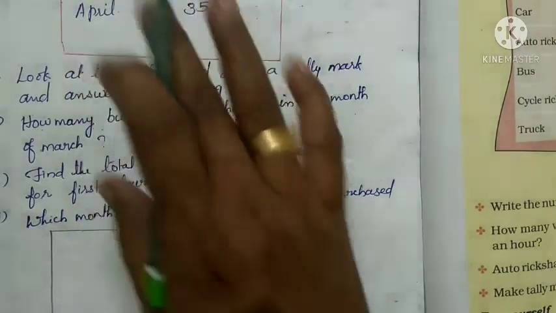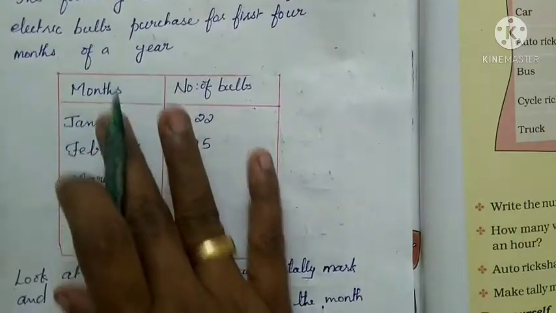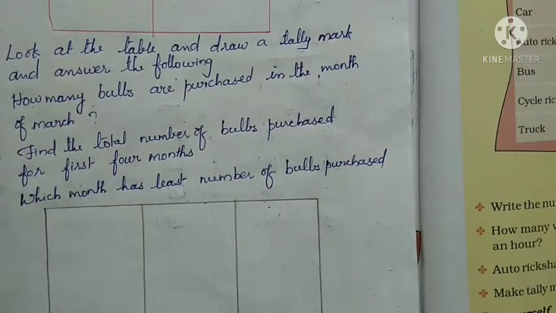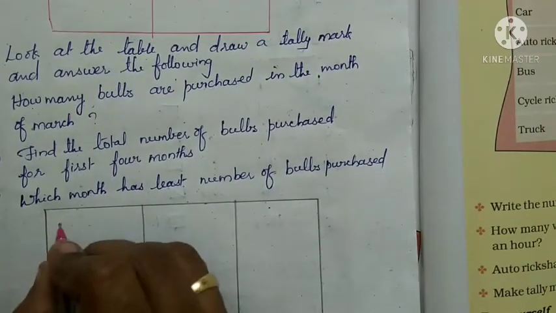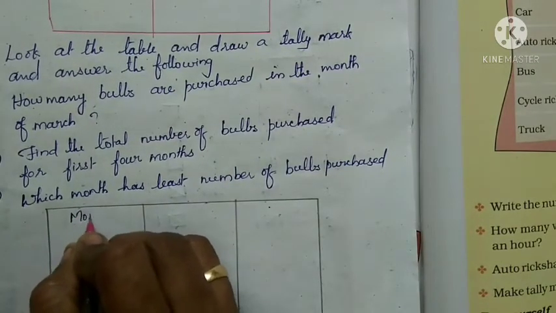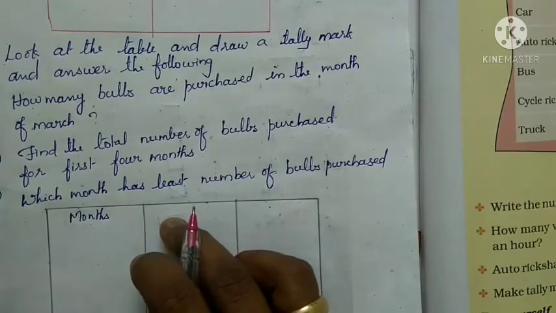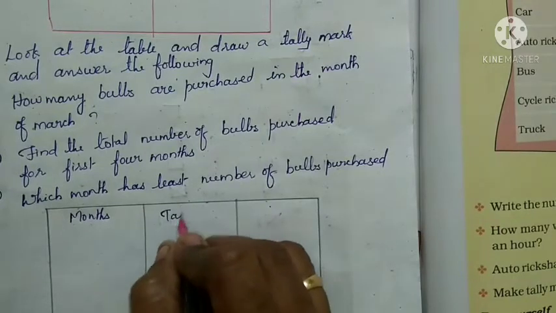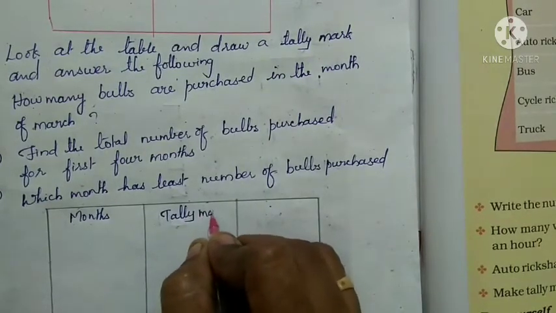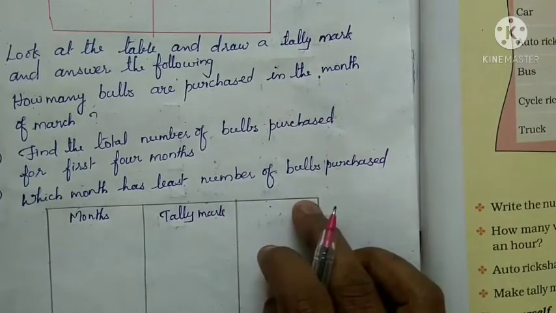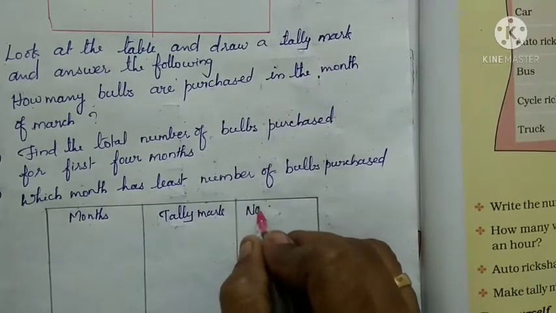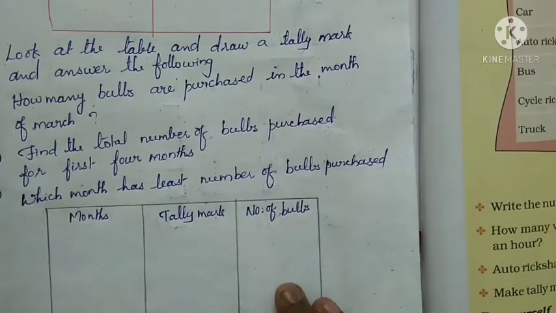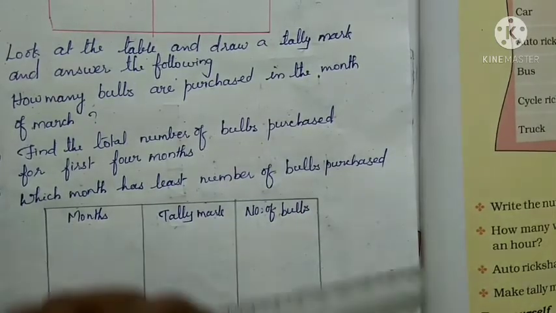Then the first column, we have to mention months. Here I can write months, and in the next column we can mention the tally marks, and then here we can write the number of bulbs.